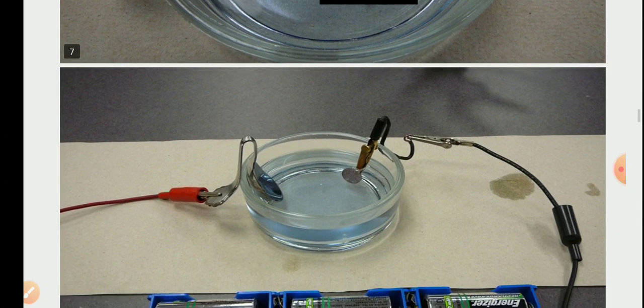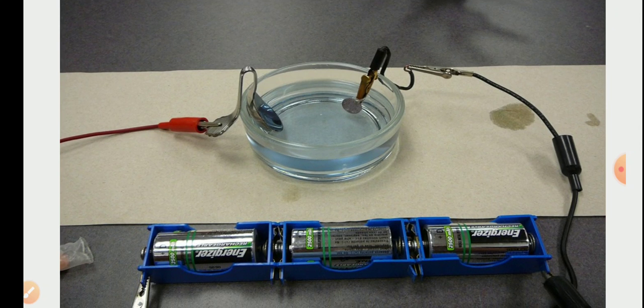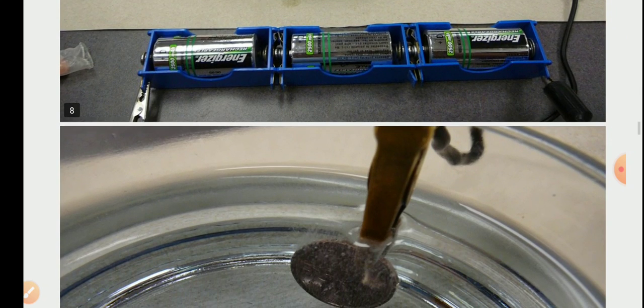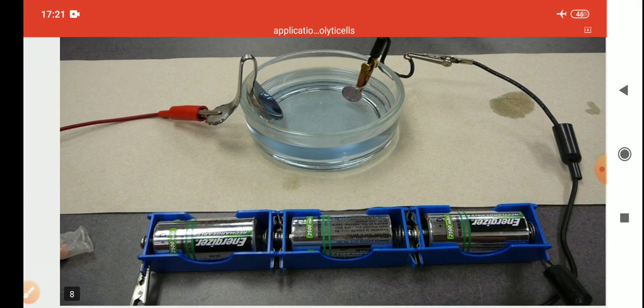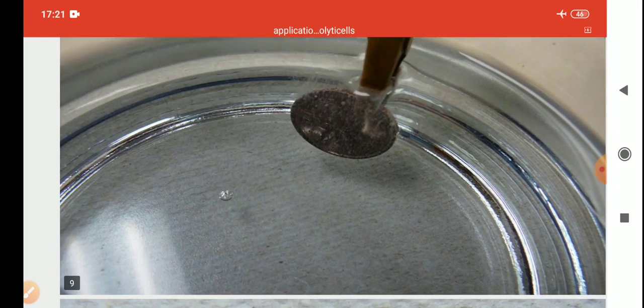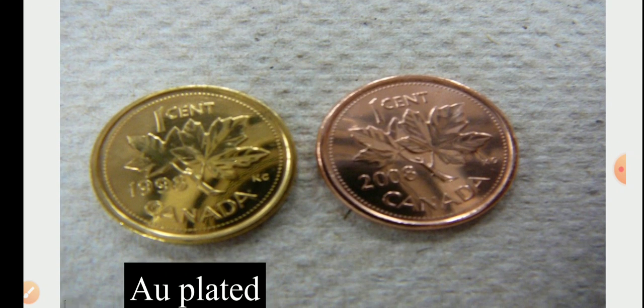There will be deposition of gold on the surface of the coin, and you will get a gold plated coin. Normally the coin will be made of steel or copper, but it is possible to make a gold or gold plated coin.